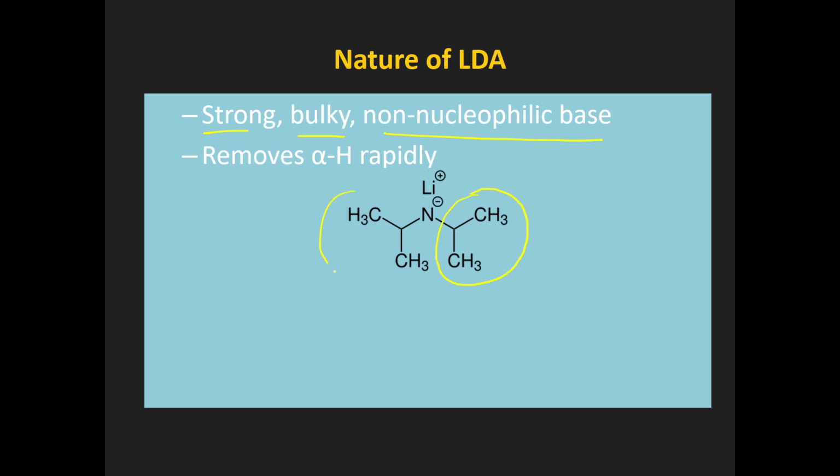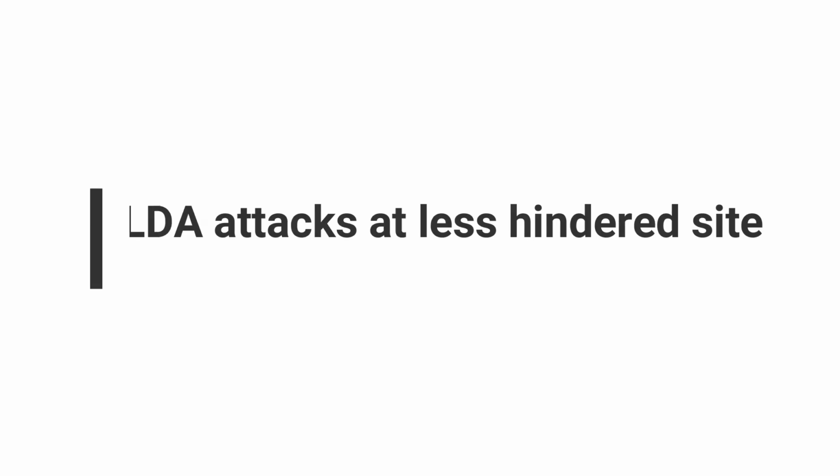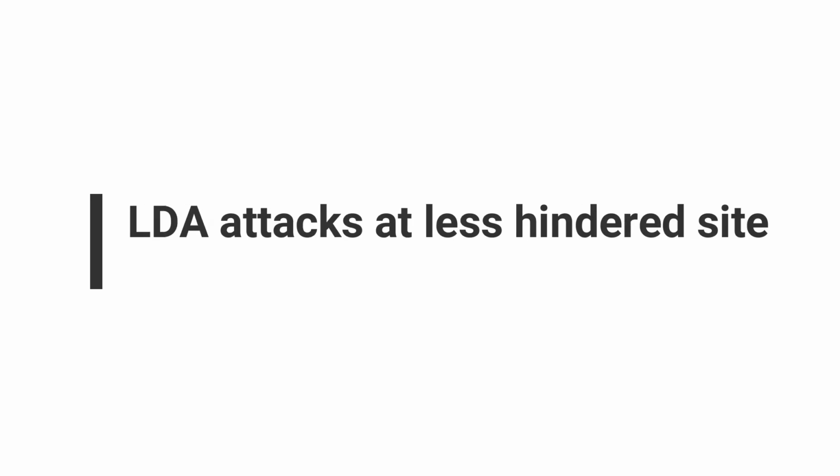This is one group and this is the second group. So it is a heavy base, non-nucleophilic, meaning it does not attack the electrophile. And second, it is bulky. Two heavy groups are present, so it will always attack at the less hindered side.